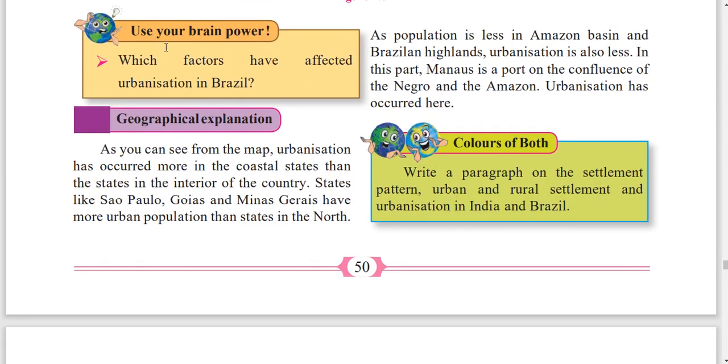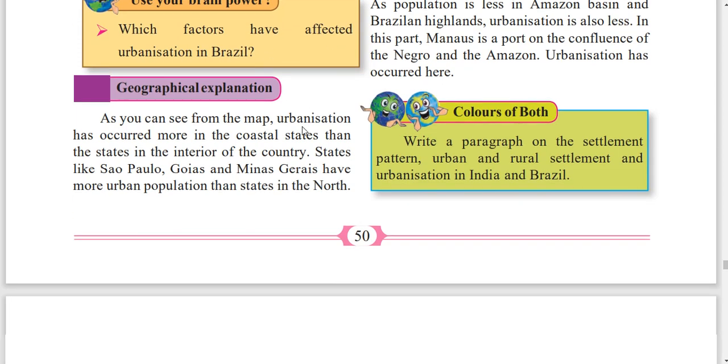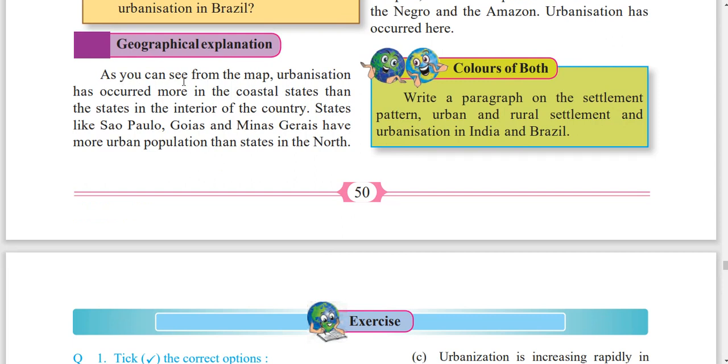Use your brain power. Which factors have affected urbanization in Brazil? Geographical explanation. As you can see from the map, urbanization has occurred more in the coastal states than the states in the interior of the country. States like Sao Paulo, Goiás, and Minas Gerais have more urban population than states in the north.